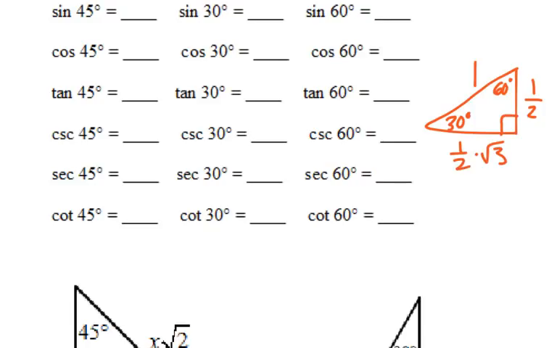However, we want to simplify that and make it the square root of 3 over 2. So that's really what we want right there, is the square root of 3 over 2. So using that, find the cotangent, tangent, secant, cosecant of the 30 and the 90.